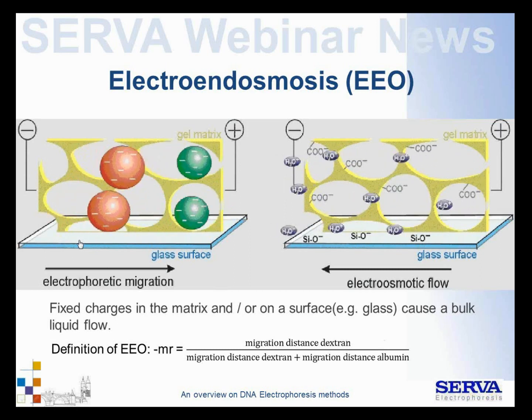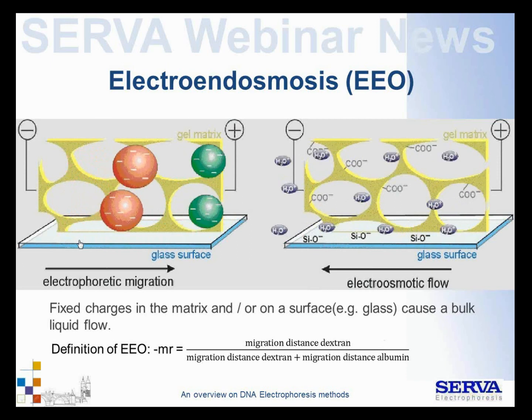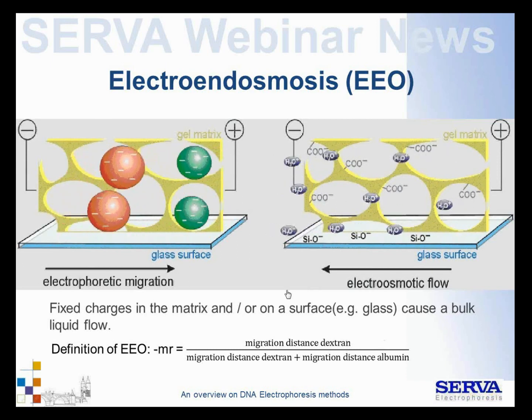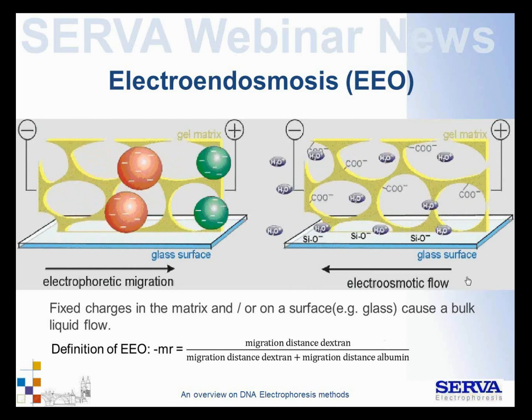The agaropectin contains carboxylic and sulfonic groups which disturb the separations a little bit. So by purifying it, you try to remove these buffering groups completely, but this is not possible. So there will always be some remains of carboxylic and sulfonic groups in agarose gels.